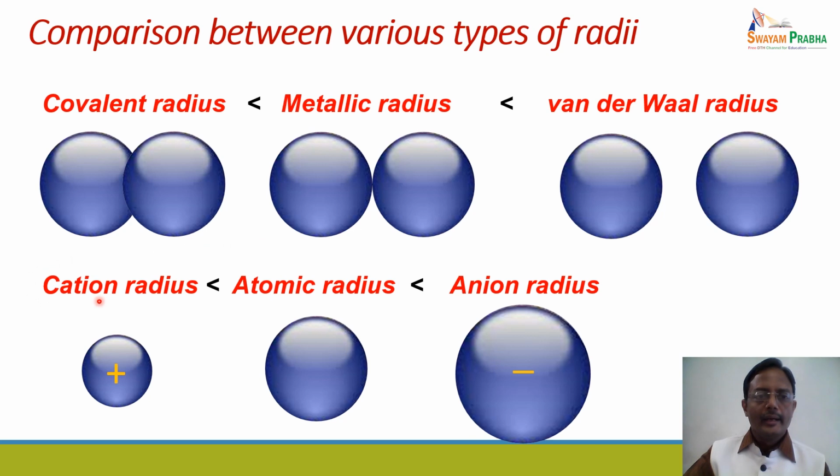On the other hand, cations are formed by loss of electron, and if the valence shell electrons are completely lost, for example in Na converting into Na positive, in that case one complete shell is reduced. So Na has a valence electron in the 3s subshell, whereas Na positive has valence electrons in the 2p subshell. Hence there is a reduction in the size, and in case of anion there is an enlargement in the size.